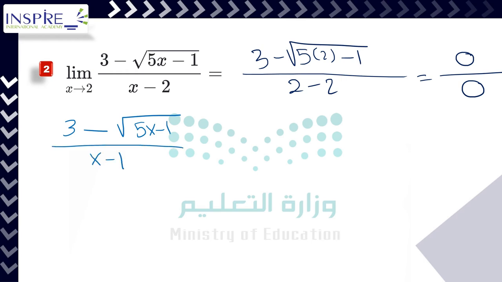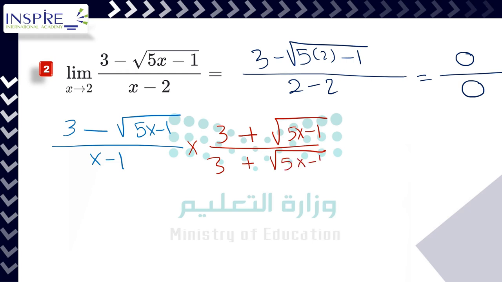We will multiply by the conjugate of the numerator up and down, so it will be 3 plus root 5x minus 1 over 3 plus square root of 5x minus 1. As we learned before, we will keep the denominator the same, so it will be x minus 2 times 3 plus root 5x minus 1.